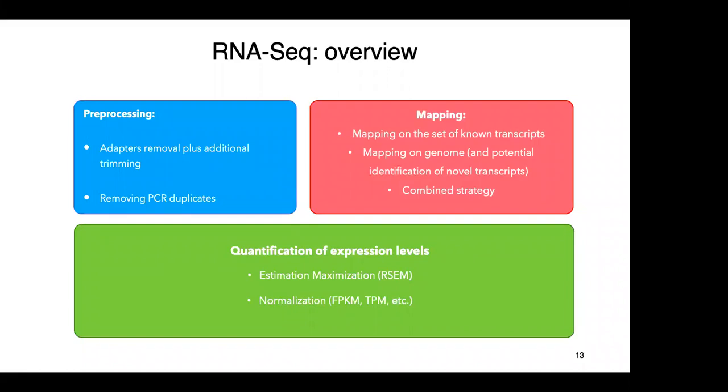Quality is also determined by the level of annotation and the sequencing depth. There are multiple things you can read in Transcriptomics 1 and ask us as well. Once this step is complete, we have to quantify expression levels and give each expressed element a number. That is very important.